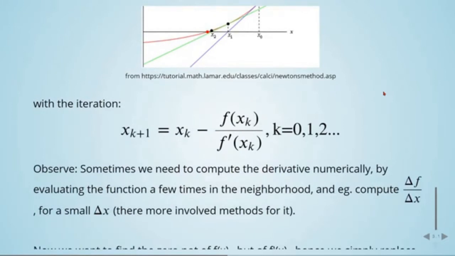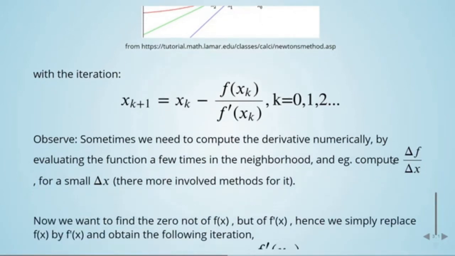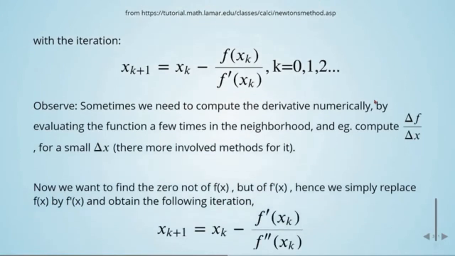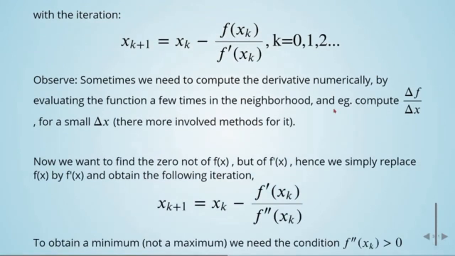Observe that sometimes we need to compute the derivative numerically by evaluating the function a few times in the neighborhood. So for example, we will compute delta f divided by delta x for a small delta x, and there are more involved methods for it. Now we want to find the zero not for f of x, but for the derivative.